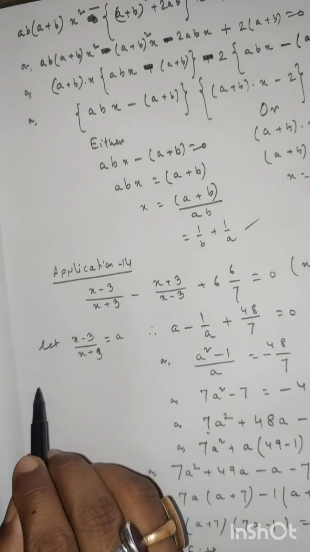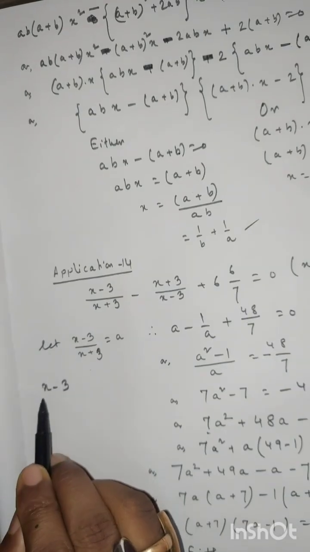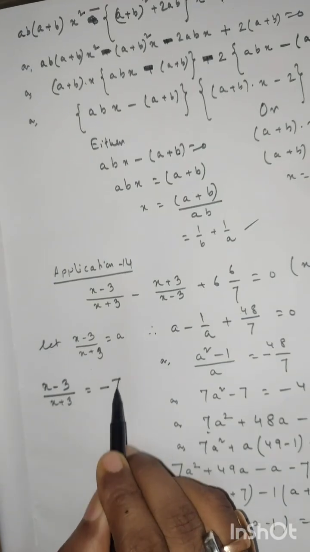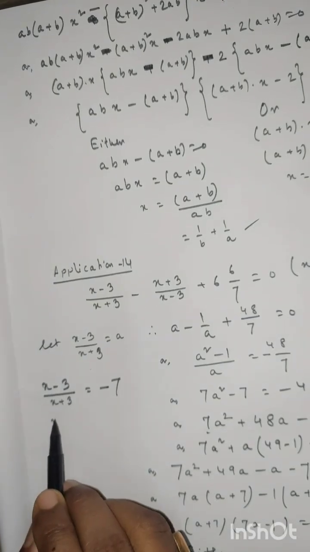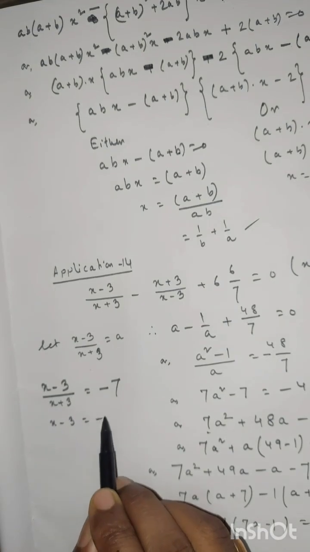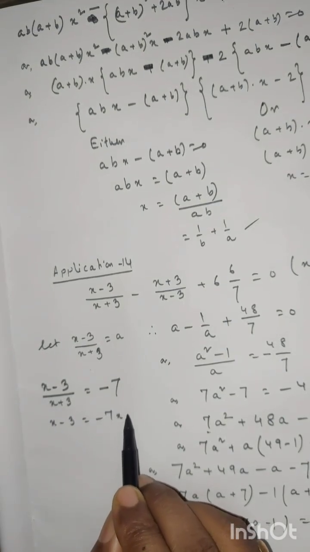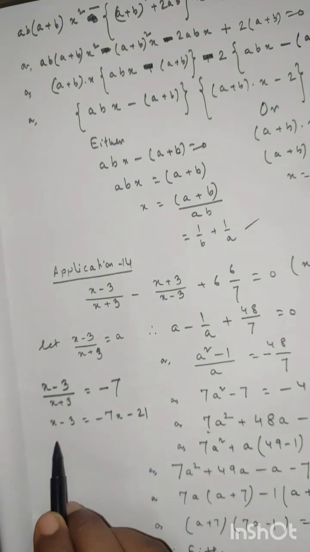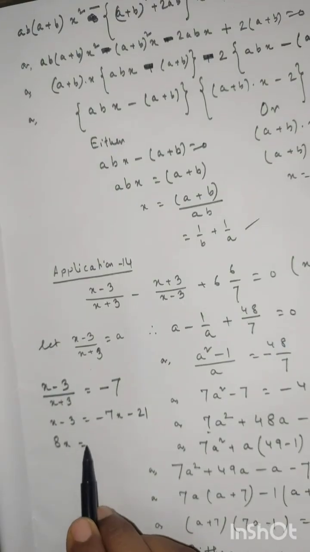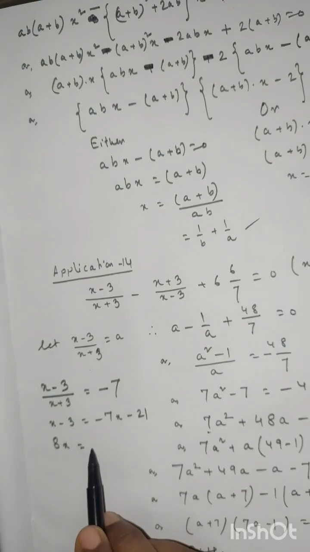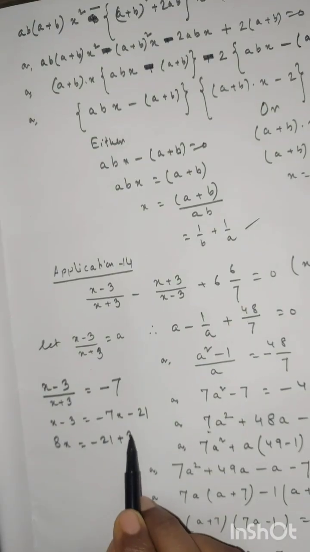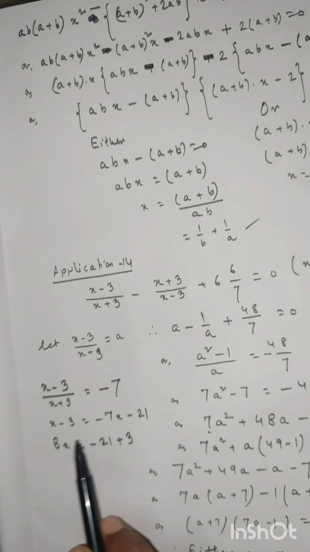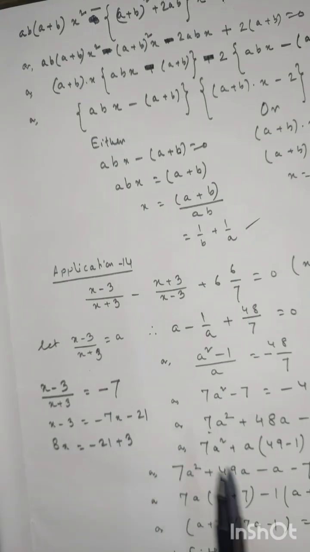Okay, we are transferring minus 7x to the left side and minus 3 to the right side.